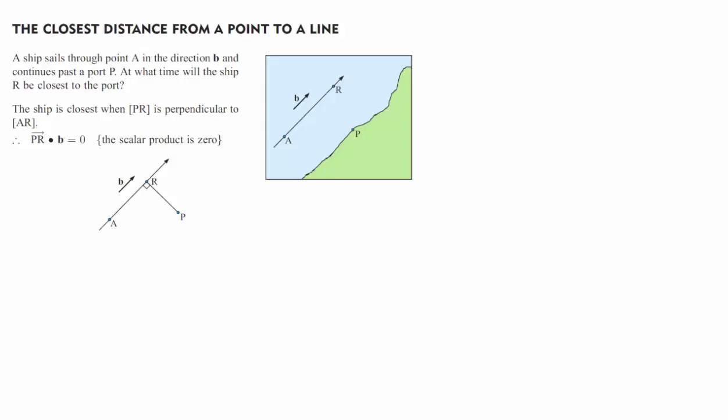The equation for a perpendicular is, so it says here, the ship is closest when PR is perpendicular to AR. So it kind of looks like this. So that would be where the R is, and then we would have a right angle. How we find that is when PR, because remember b is our constant velocity vector along AR, so when PR is a scalar product, which is equal to 0.